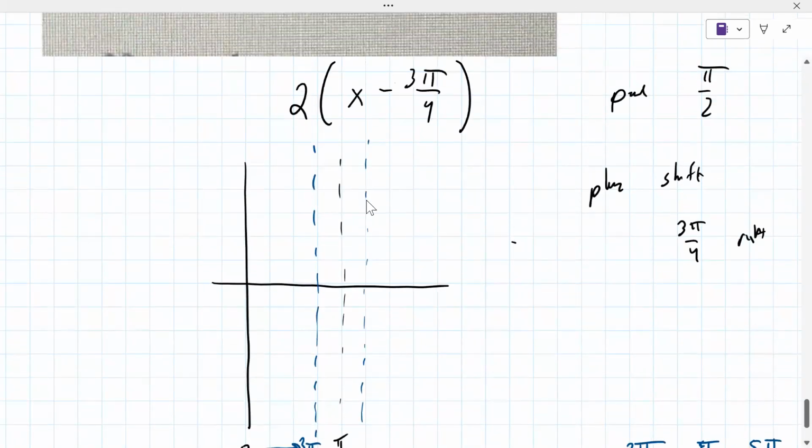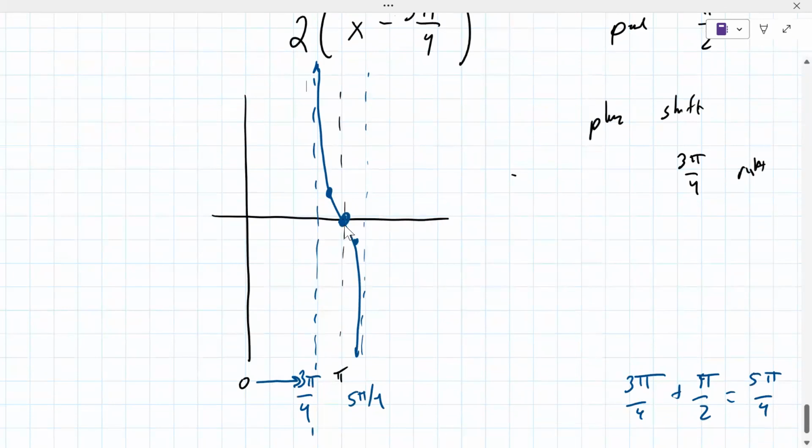Now, the next thing is the parent function. So it's here, it's there, and it's this little snake, but you've got to get these points. You've got one here, it's pi. It's the midpoint between 3 pi over 4 and pi. So you're going up by pi over 8. So it's 7 pi over 8, comma 1.